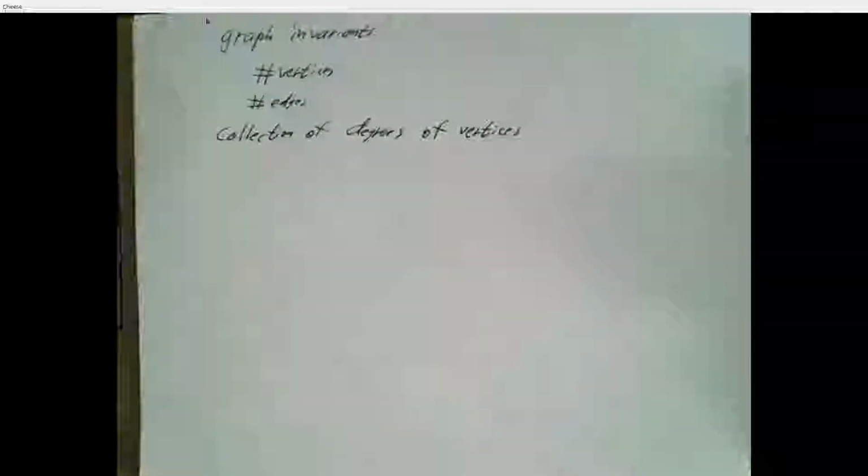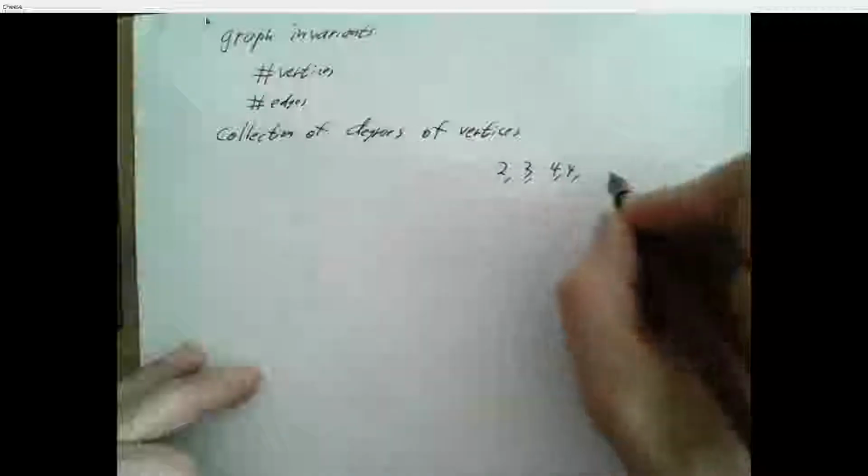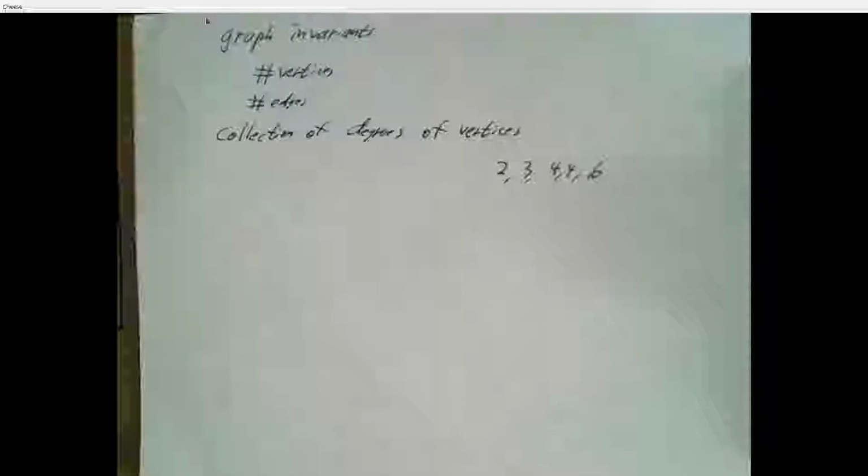Another invariant is the collection of degrees. So if you look at the degree of each vertex, and I'm not calling it a set because it might have duplicates, but if you look at the degree of each vertex in one graph, and let's say you have vertices of degrees 2, 3, 4, 4, and 6, then in an isomorphic graph you've got to have the same set of degrees.